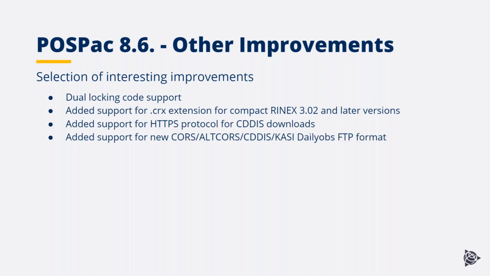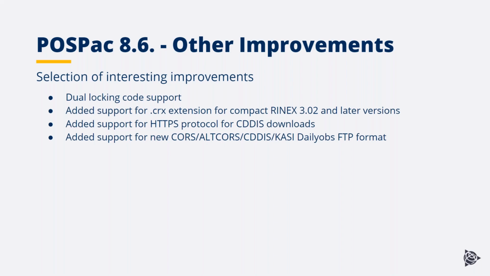Then there are a couple of things affecting the automatic download processes POSPac does when you import data. If you are still using, for example, POSPac 8.5 or 8.4, you might see that some of the data POSPac automatically downloads is not downloaded properly anymore, for example, the precise ephemeris data.